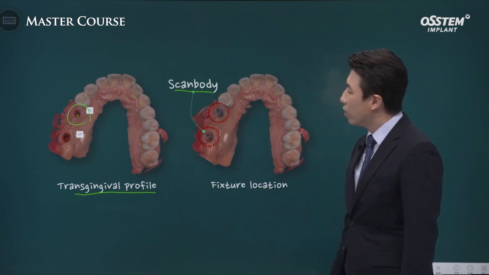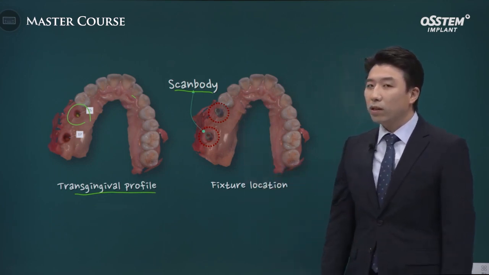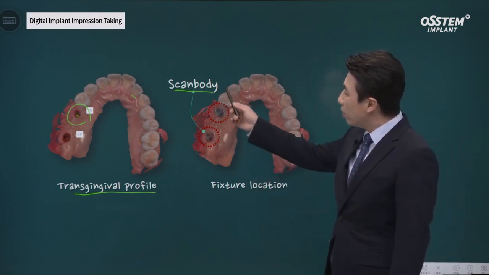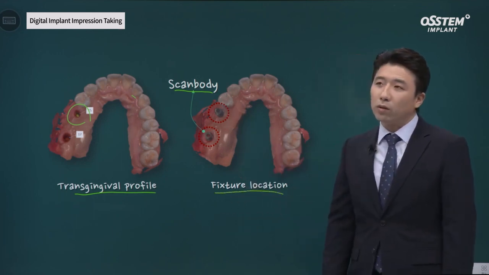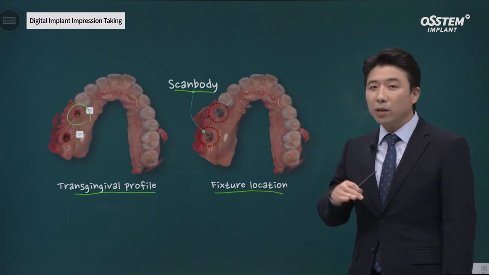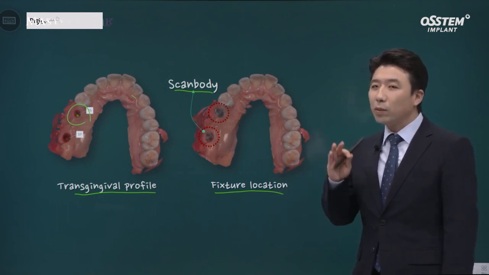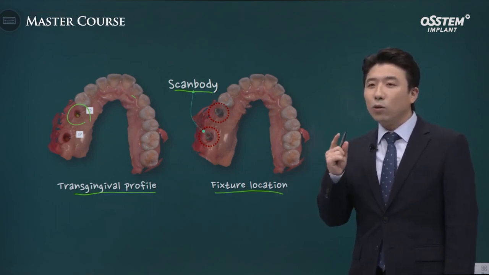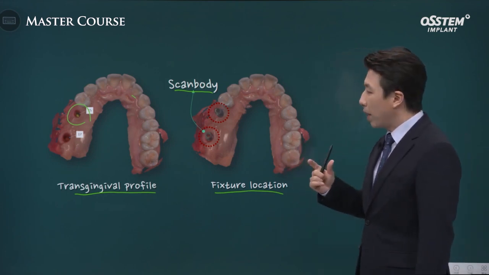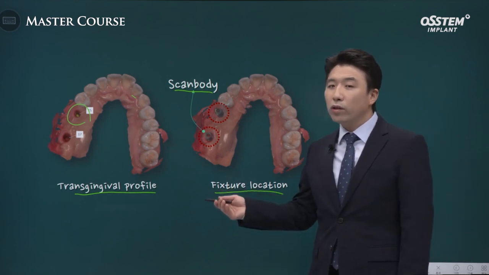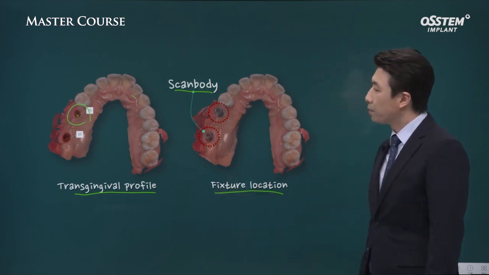Second, the scan bodies are connected and further scanning is performed. Scan bodies are used to obtain information on implant locations, such as implant placement depth or direction, and information about the position and direction of the hex structure, which works as an anti-rotational function.